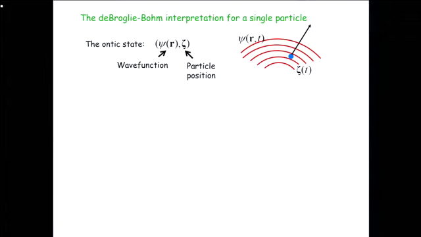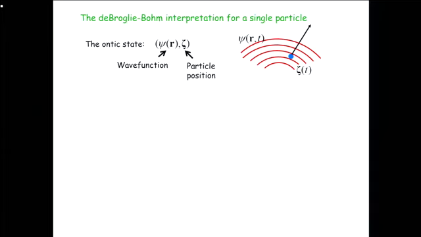So here's the basic idea. I'm going to start by telling you what the de Broglie-Bohm interpretation looks like for just a single particle. And later we'll generalize to multi-particle systems. The ontic state, which is the complete description of the reality that this theory postulates, consists of two parts. The first part's just the wave function over space for that particle. And the second is some explicit particle position, which I'm going to denote by zeta.